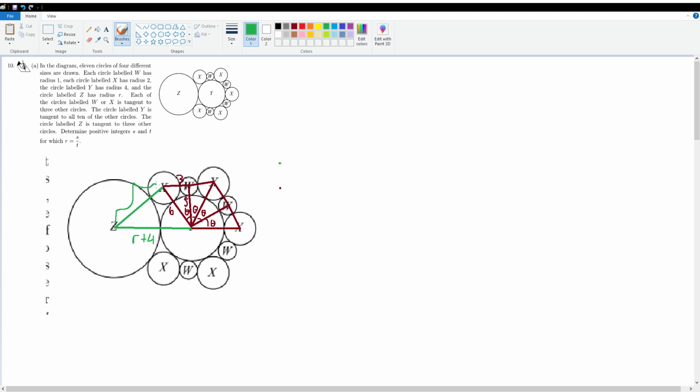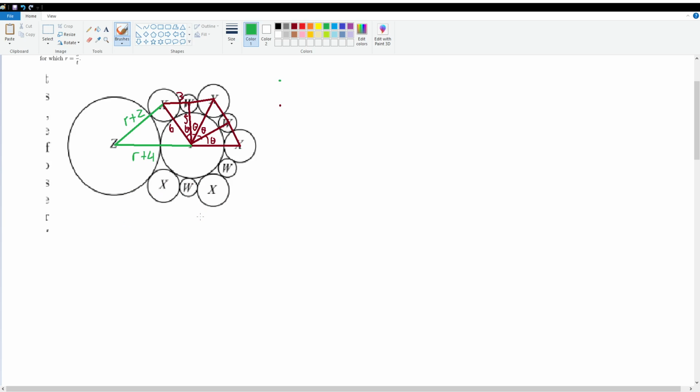And this side length here is the radius of the Z circle plus the radius of the X circle, so it's R plus 2. If we can solve for, let's say, alpha here, then we could form another equation. We can use cosine law again to solve for R. But we don't have this alpha angle, but we can solve for theta. So let's do that first and see what happens.